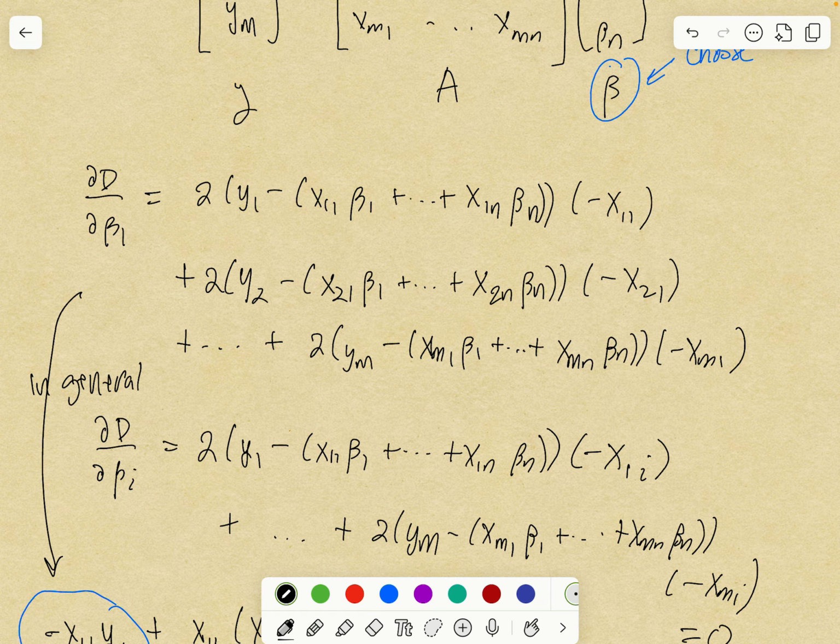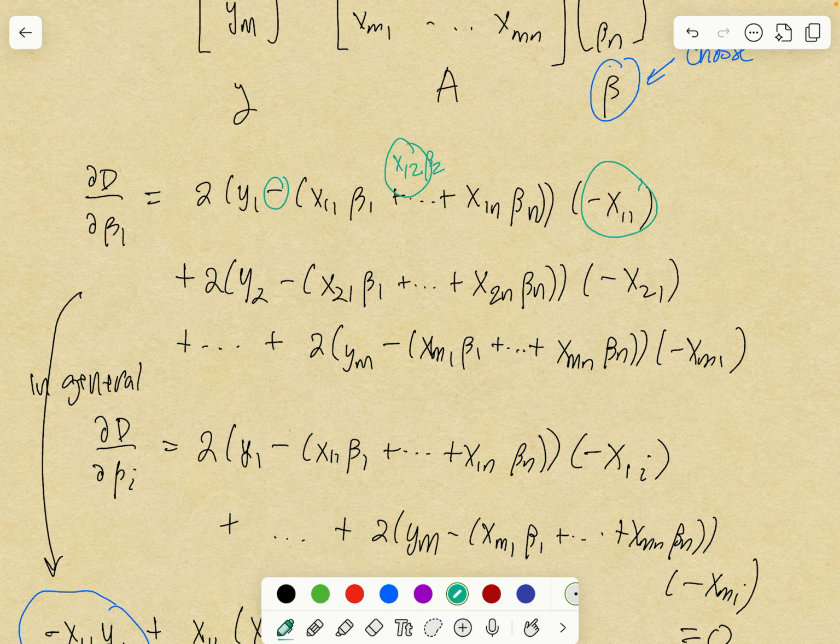Oh yeah, okay, so for the first term, I have this x12 beta 2. When I take the partial derivative with respect to beta 2, I'm going to get an x12, but then I'm going to have an x11 here. And the minus in front of the x11 will cancel with this minus here.